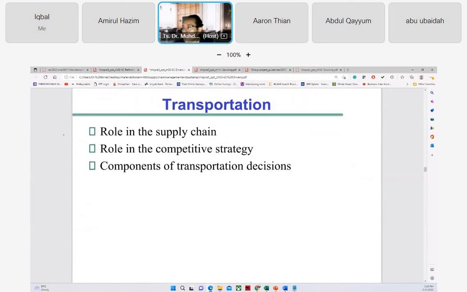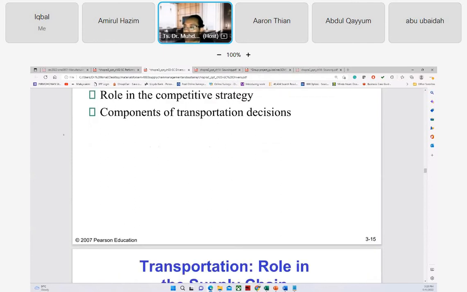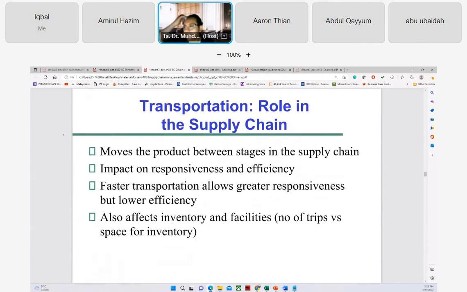Okay, the next one is the transportation role in the supply chain. What is the role? The role in the supply chain is competitive strategy and the components of transportation decisions. So if you can see here, the role in the supply chain is to move the products between stages in the supply chain. That's the transportation.